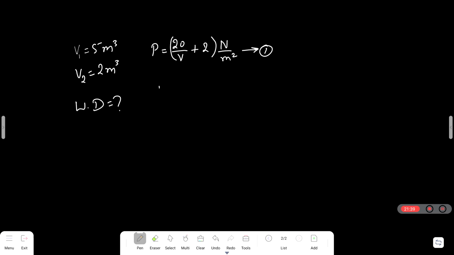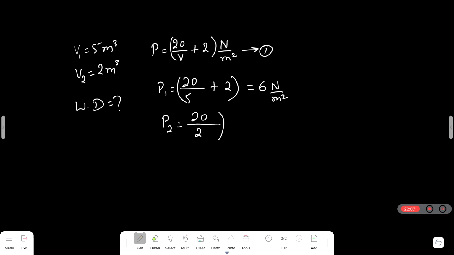P1 is equal to 20 by V1, which is 5 meter cube, plus 2. 20 by 5 is 4, plus 2, 6 Newton per meter square. This is P1. P2 is 20 by 2, 10, plus 2, 12 Newton per meter square. So this is P1 and P2.